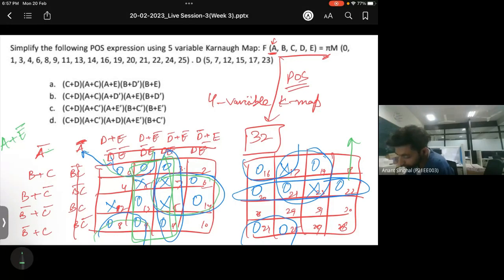Nothing but B bar plus C bar. Wait, I'll try to solve it. I have missed something.